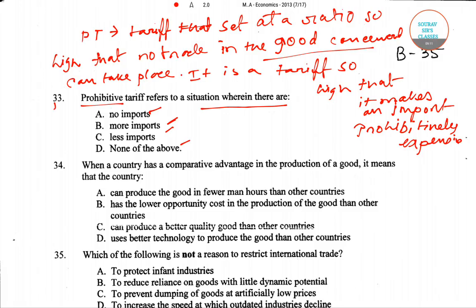So we will conclude for question number 33. The right answer is option A. That is, prohibitive tariff refers to a situation where there is no import because the tariff rate is so high that no one can import a good.